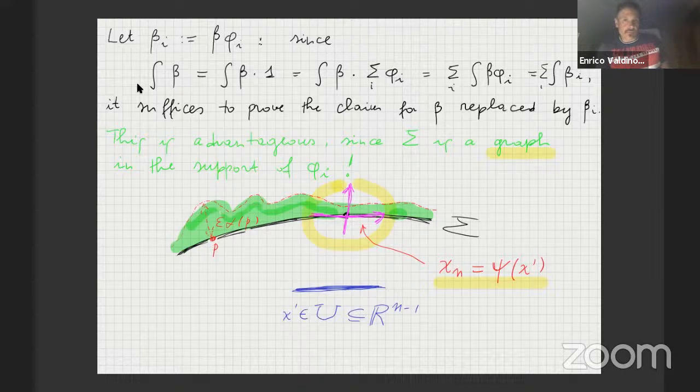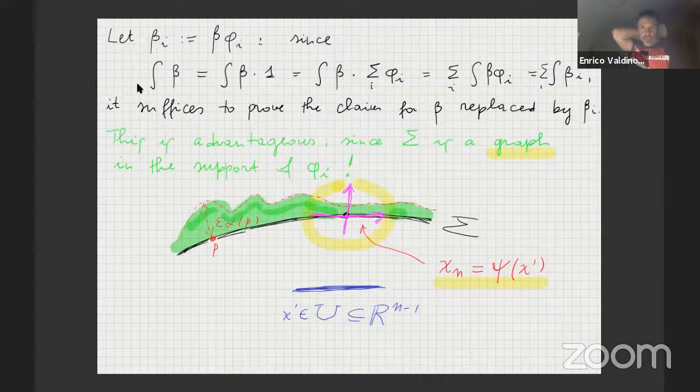So with this observation, I can basically prove the statement replacing beta with beta_i, or if you prefer, just thinking that beta is compactly supported inside the local chart. Now, since the surface sigma is a smooth manifold, I assumed it to be C3.